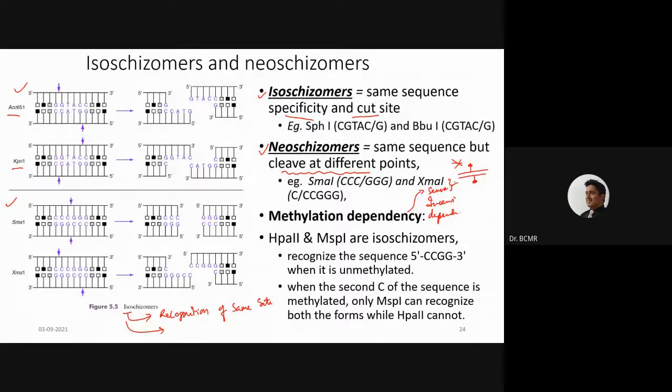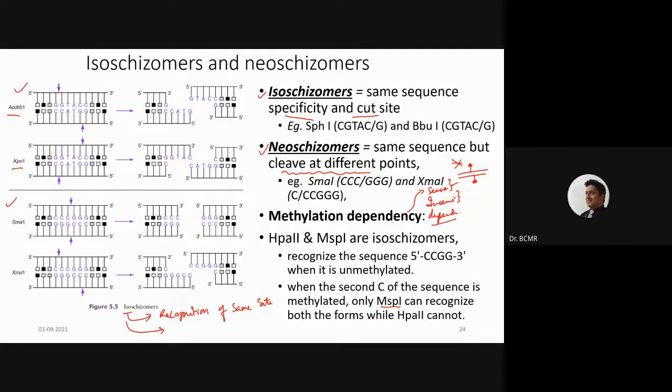BamHI, EcoRI, KpnI, the majority of them are methylation sensitive. For methylation insensitive, the example is MspI, which can cleave irrespective of whether the recognition site is methylated or unmethylated. You can take it as an example of a methylation insensitive restriction endonuclease.